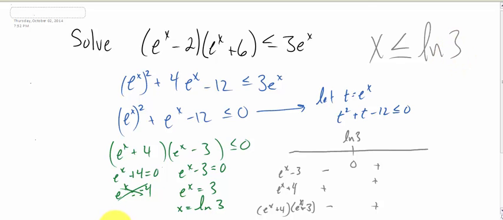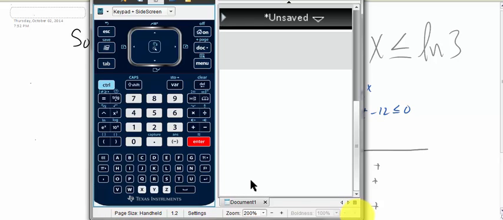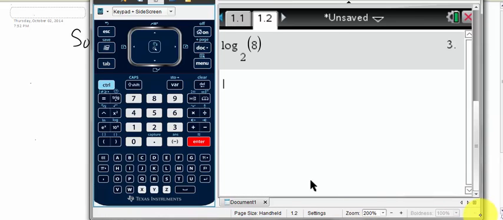Well, how could we use our graphing utility to help us out with this, guys? Well, let's add a graph.